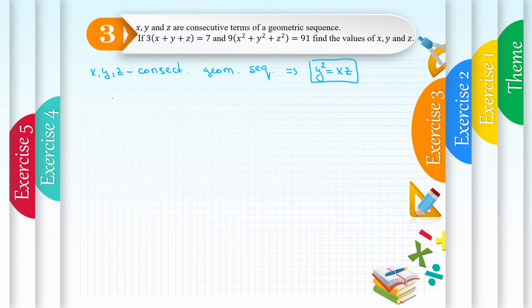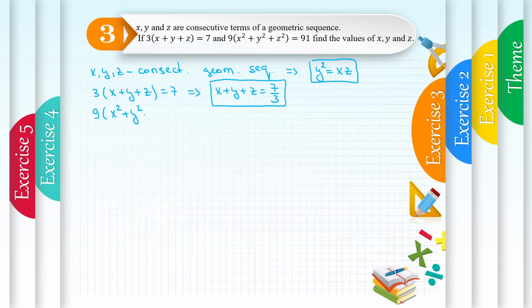So we have a very important piece of information. Now what do we have more? We have that 3 times (x plus y plus z) is equal to 7, which implies that x plus y plus z is equal to 7 over 3. Next we had that 9 times (x squared plus y squared plus z squared) is equal to 91, which implies that x squared plus y squared plus z squared is equal to 91 over 9.